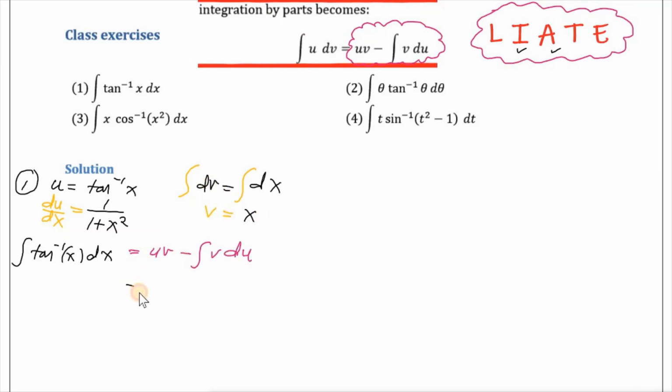Let's plug in: u is inverse tangent x and v is x. Let me put the x in front, minus the integral of v, which is x, and du, rearranging it, is 1 over 1 plus x squared dx.